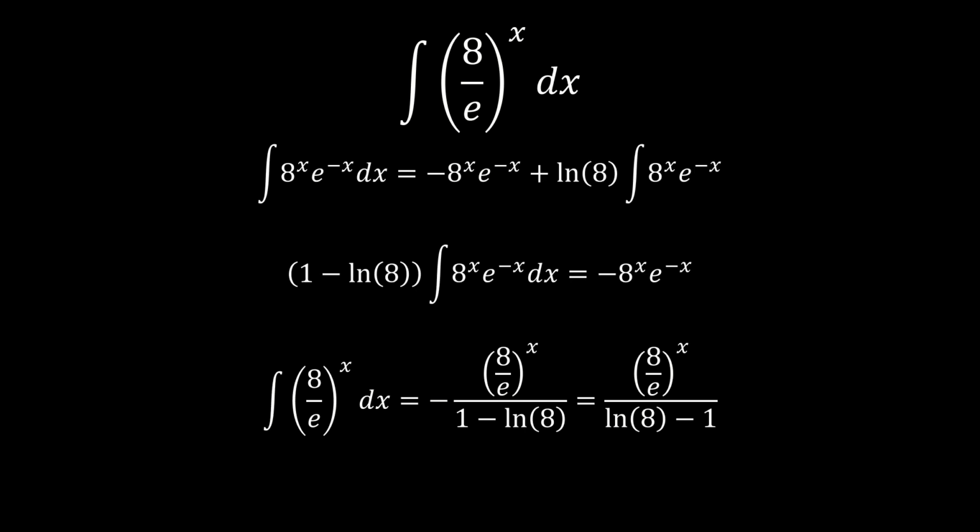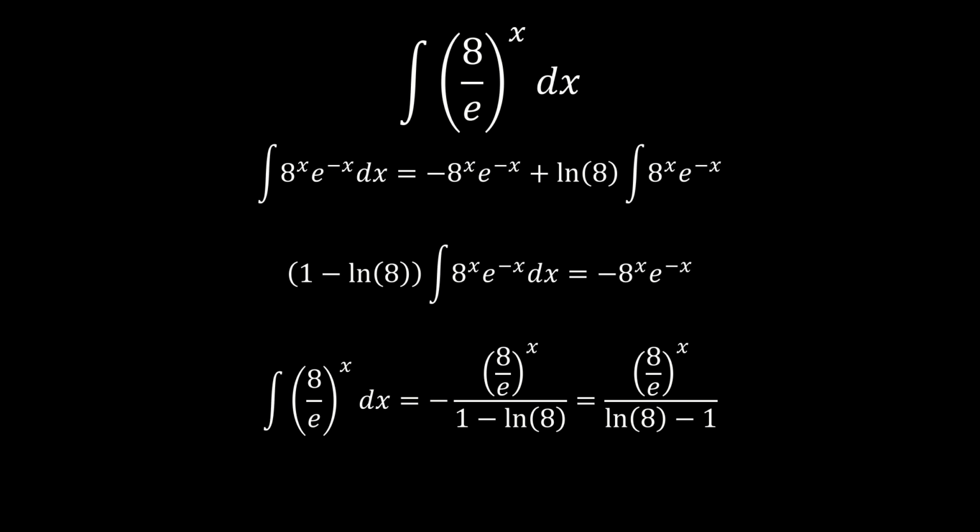Doing a similar story, pulling out that constant, we're once again left with that constant natural log of 8 on the right side. We're left with our integral of interest on both sides of the equation. Move them over so that they're on the same side. We're left with the quantity 1 minus natural log of 8 times our integral of interest equals negative 8 raised to x times e raised to negative x.